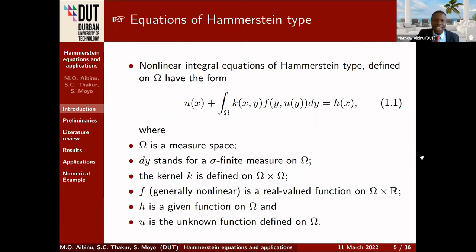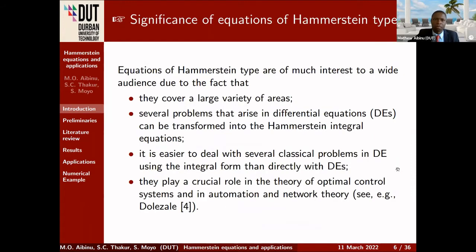The kernel K is defined on omega cross omega. F in the integral is generally nonlinear and is a real valued function defined on omega cross R. H is usually a given function, which is also defined on omega. And u is the unknown function defined on omega.